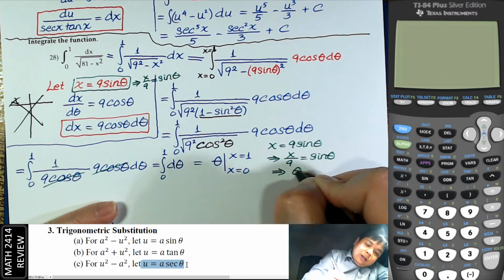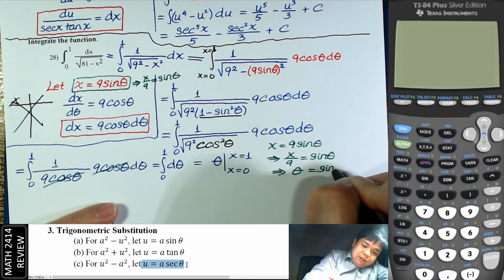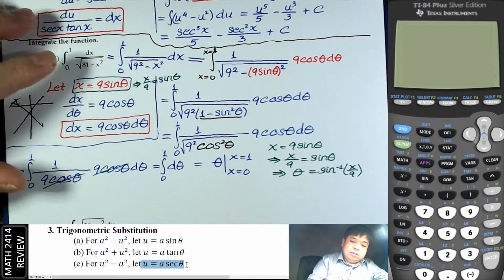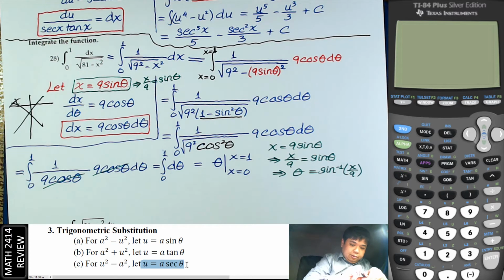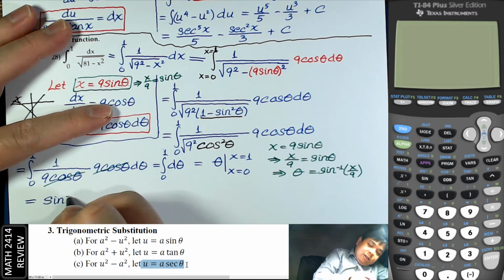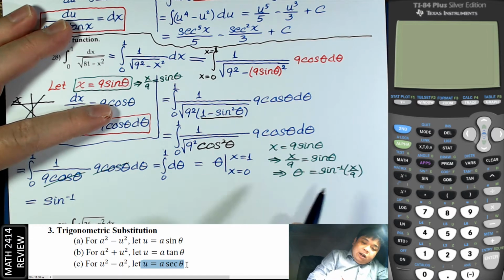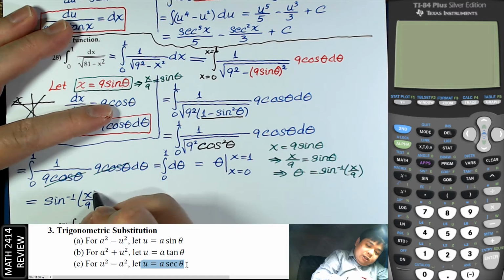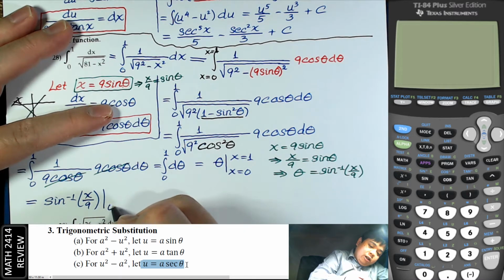So theta is sine inverse of x over 9. So sine inverse of x over 9 going from 0 to 1.